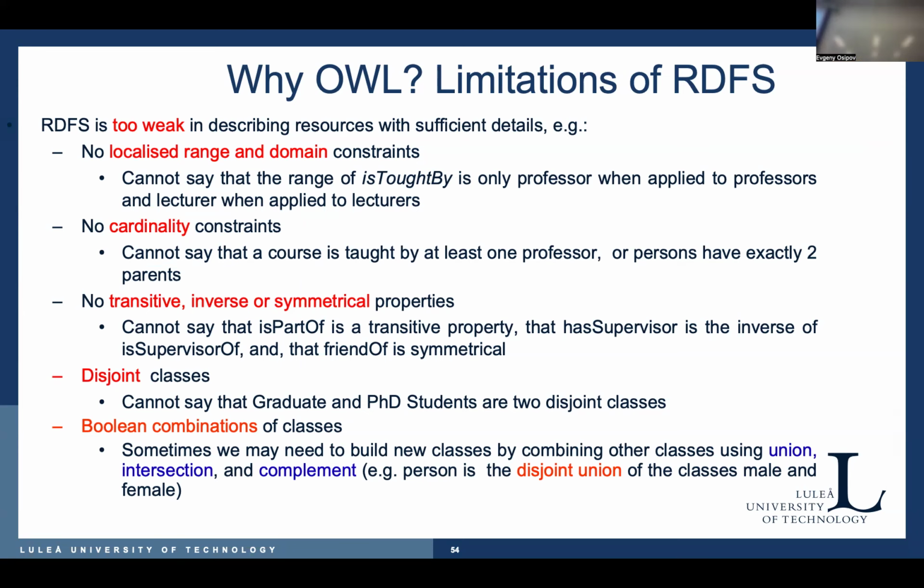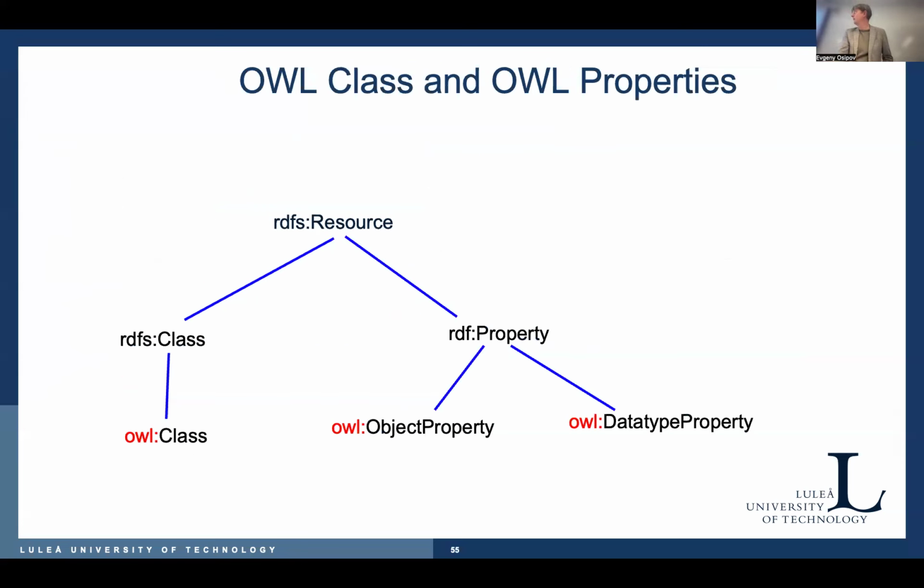It allows you to define disjoint classes, so basically it gives you the possibility to express more aspects of the real world than RDFS can do. And as I said, it's built on top of RDFS, so basically it defines extra features in it.